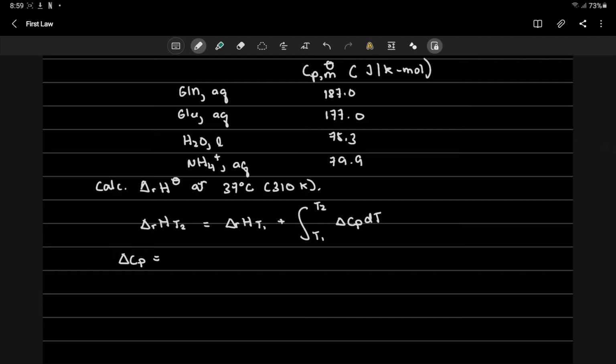So, si delta Cp, ang gagawin lang natin is you will first consider the heat capacities of the products. So, meron kang heat capacity ni glutamine aqueous bilang isa sa mga product plus heat capacity ni water liquid, another product of the reaction as you can see above. Minus yung kay reactants naman.